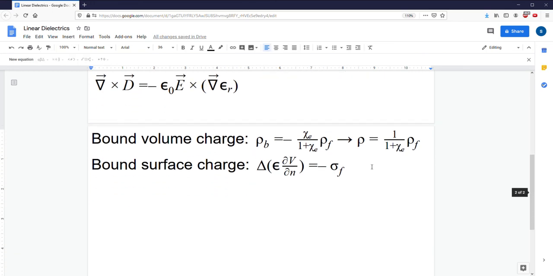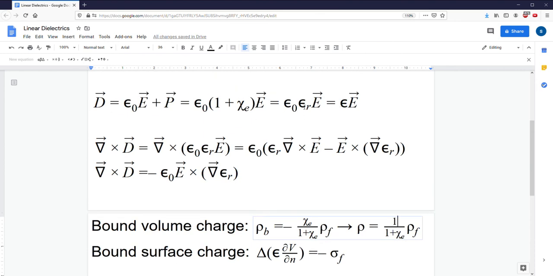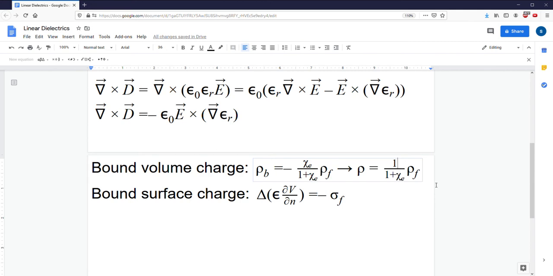If there is a free charge inside of a dielectric, we can model it as having a net charge that is decreased by the factor of 1 over 1 plus chi e, or 1 over epsilon R. The reason why it is decreased is, again, looking at figure 4.22, you see that if there is a positive point charge placed, it will tend to polarize the material around it, which will create a charge of the opposite sign directed towards our point charge, with the countering charge farther away.